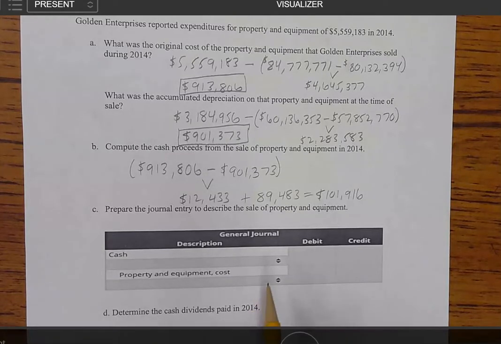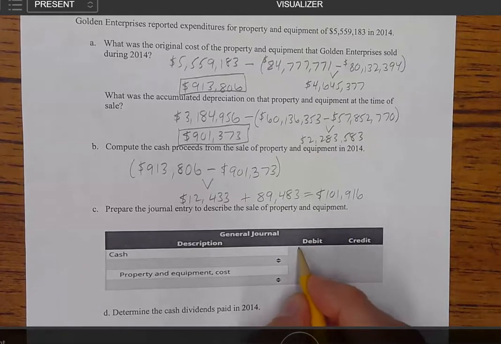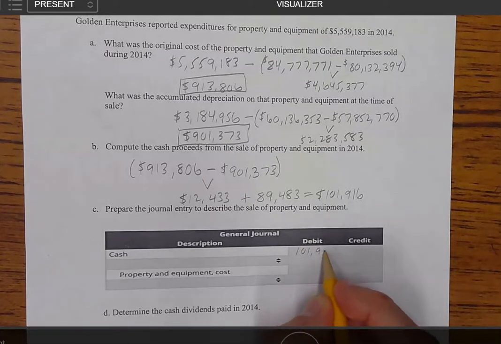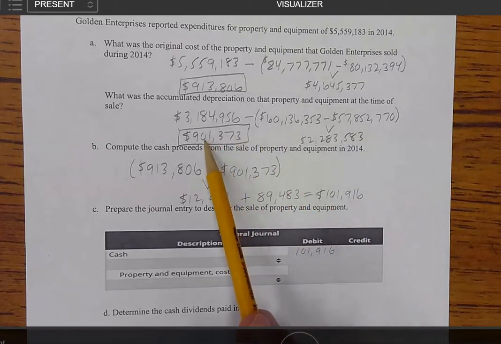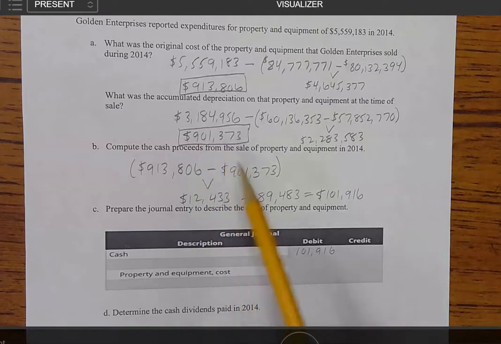So the cash proceeds, 101,916, is what we will put in this box here. And then we also want to recognize that accumulated depreciation has a normal credit balance because it is a contra asset account.